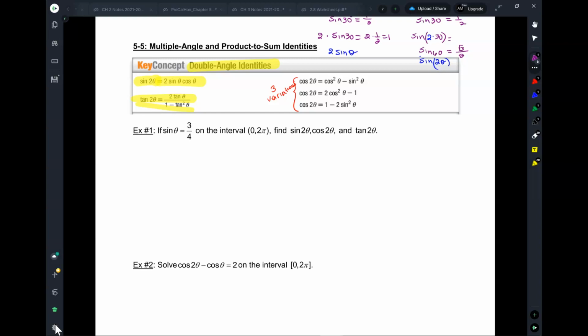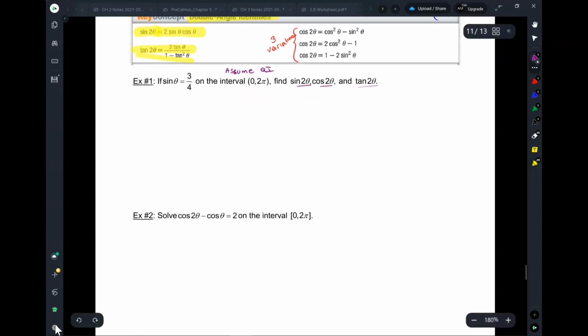We have sine of theta is 3 over 4 on the interval 0 to 2 pi. We want to find sine of 2 theta, cosine of 2 theta, tangent of 2 theta. Usually you will be given enough information to also figure out what quadrant this is in. For this problem, we're just going to assume it's in quadrant 1, okay?